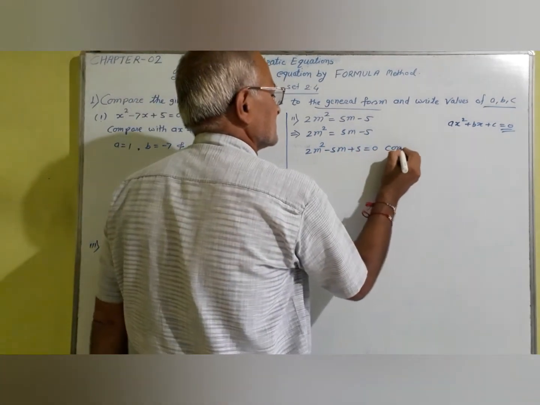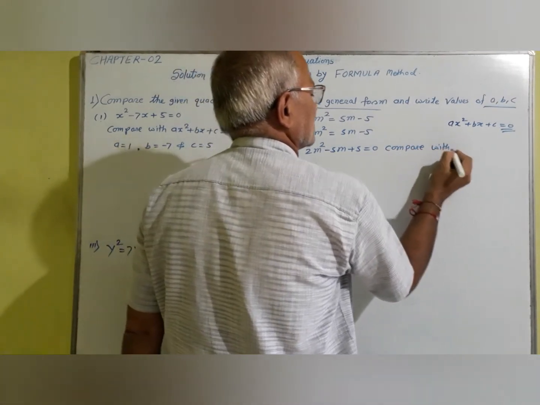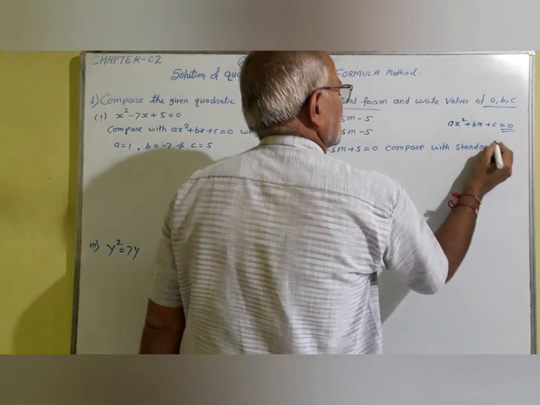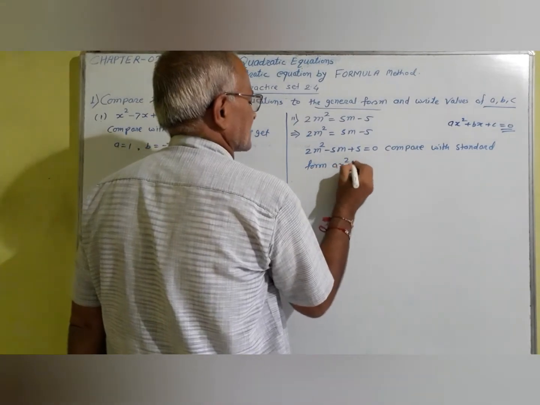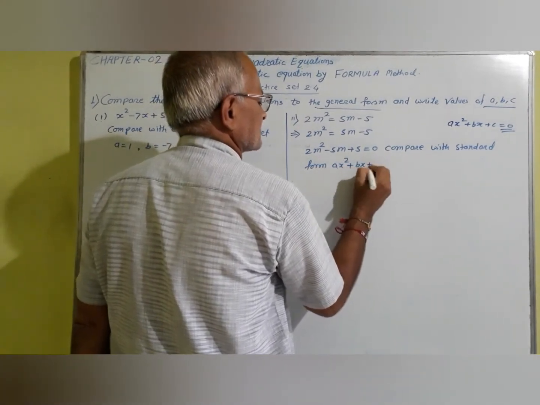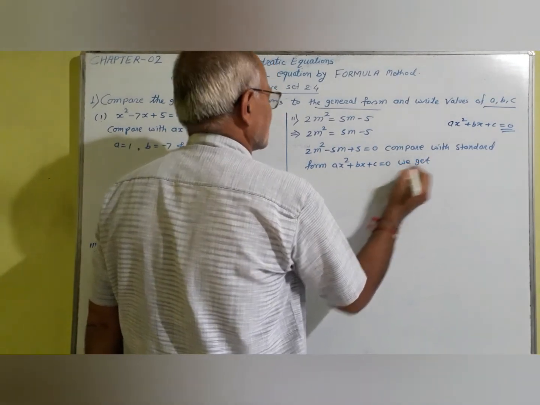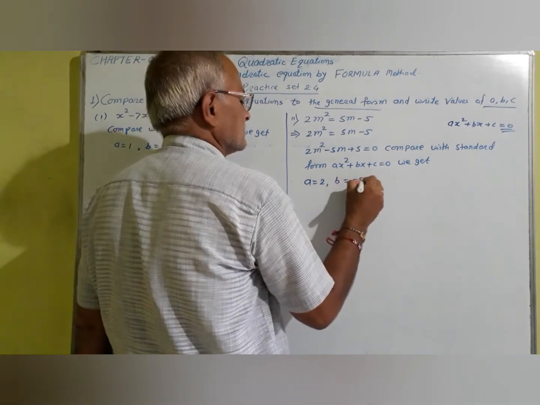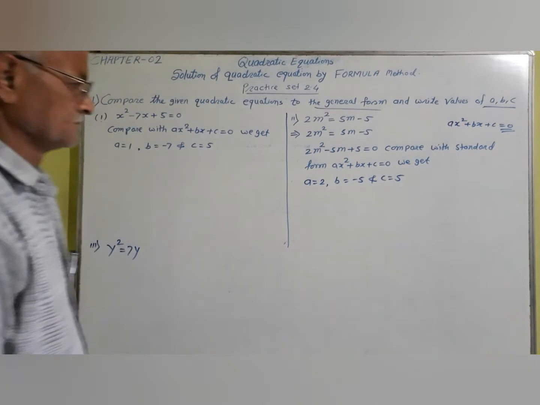We have to compare it. Compare with standard form ax square plus bx plus c is equal to 0. We get a is equal to 2, b is equal to minus 5 and c is equal to 5.